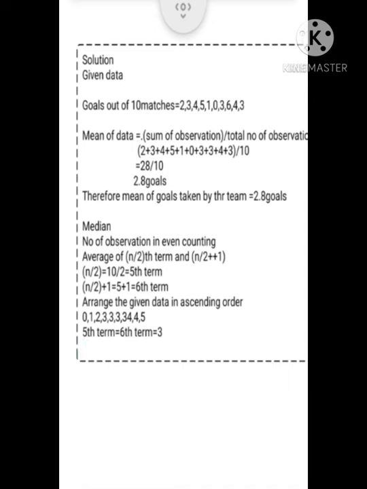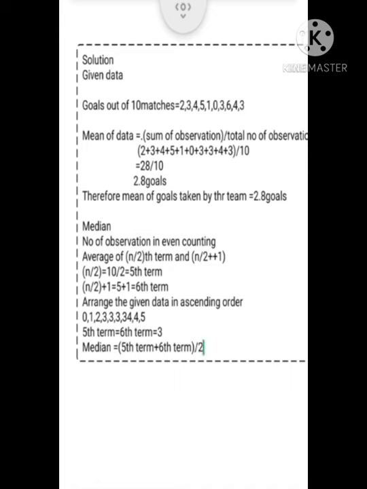We need to find the median. As I already told, the median is the average of the fifth and sixth terms. So median is equal to the fifth term plus the sixth term, divided by 2. This is the average.